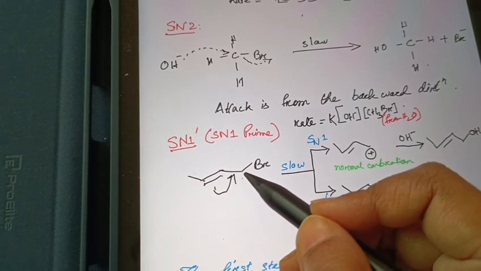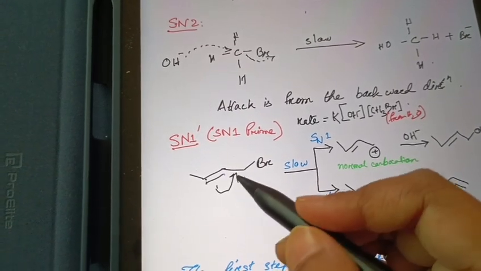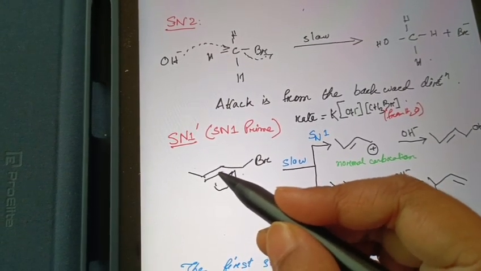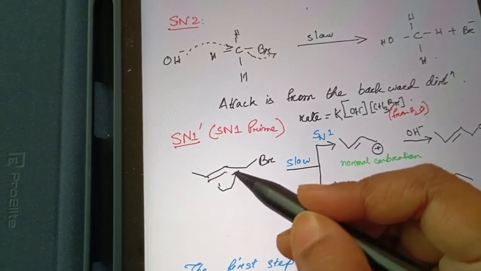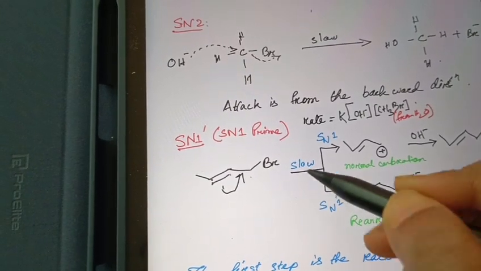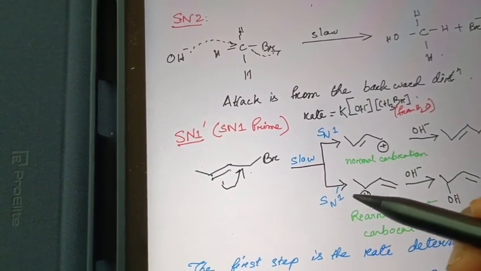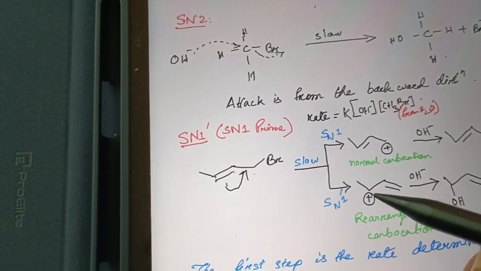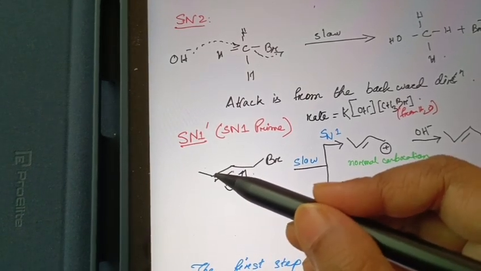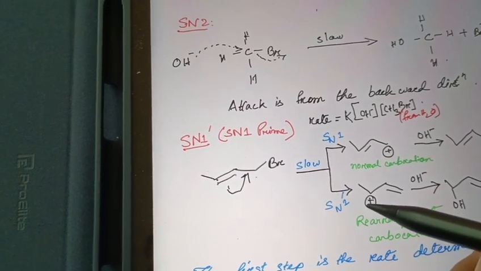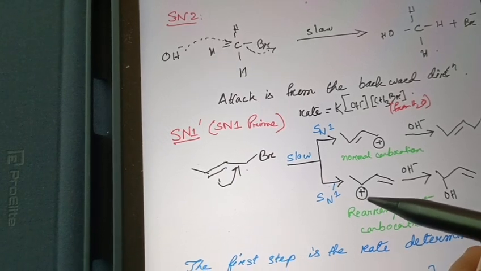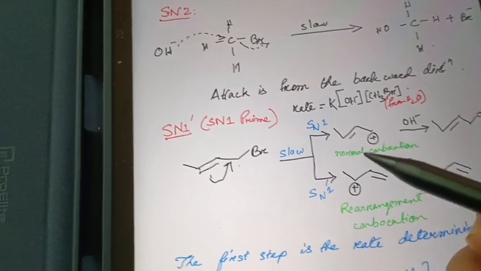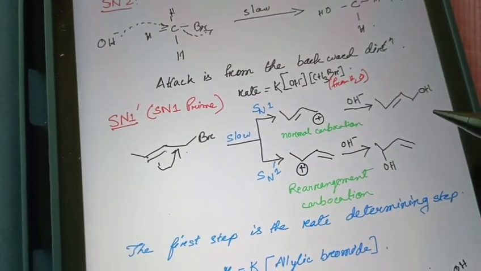In the next case, rearrangement takes place. That means this double bond will be coming and forming a bond here. So rearrangement is taking place and this carbocation is formed. That means this carbon becomes electron deficient, right? So the positive charge is formed here. After the formation of the carbocation, the respective products are formed.